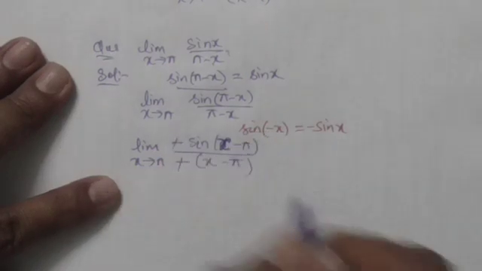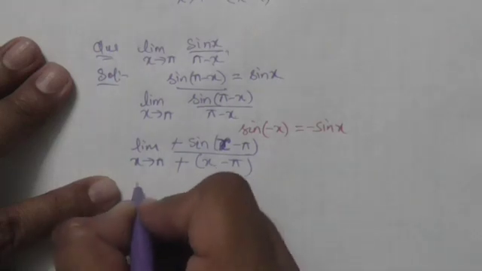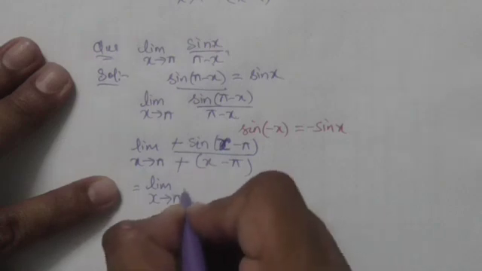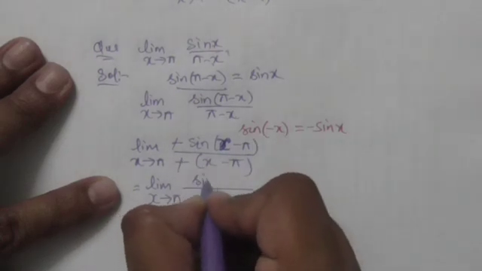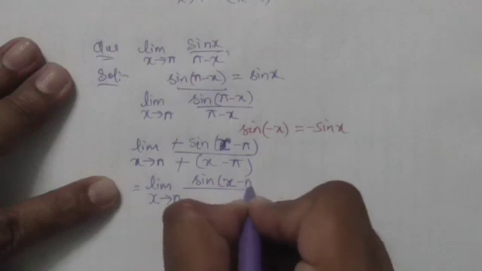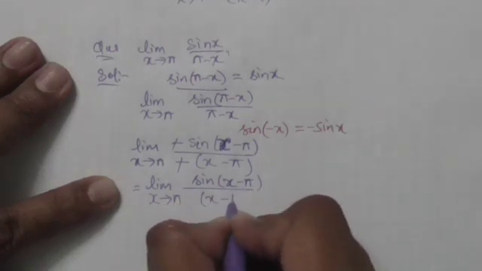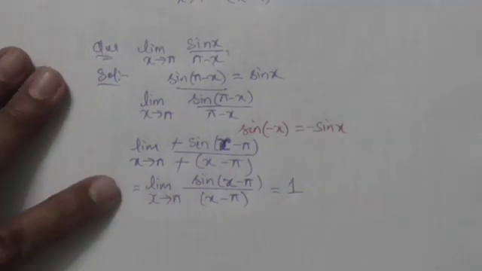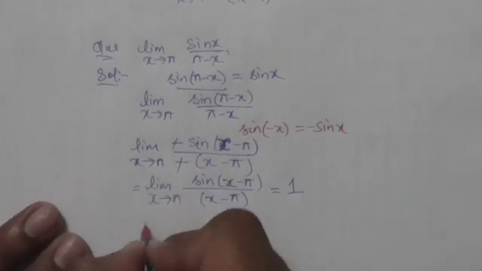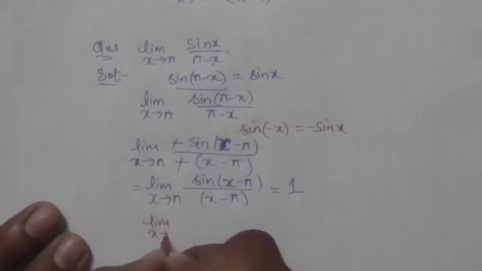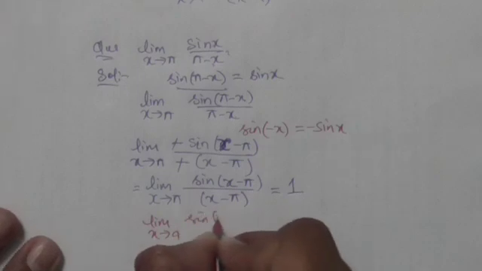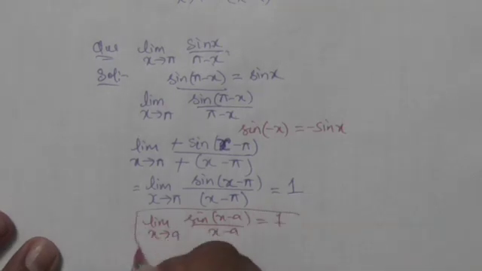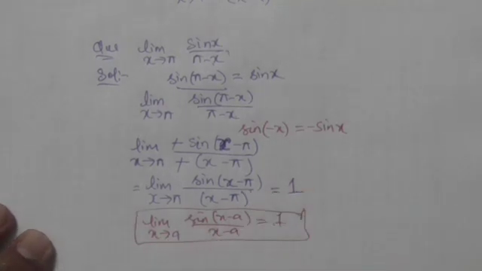So this minus will cancel this minus, and we will have limit x tends to pi sin(x minus pi) upon x minus pi, and it will be equal to 1. Why is it so? Because as I told you before also, limit x tends to a sin(x minus a) upon x minus a is equal to 1. So here we have used this result to solve this question.